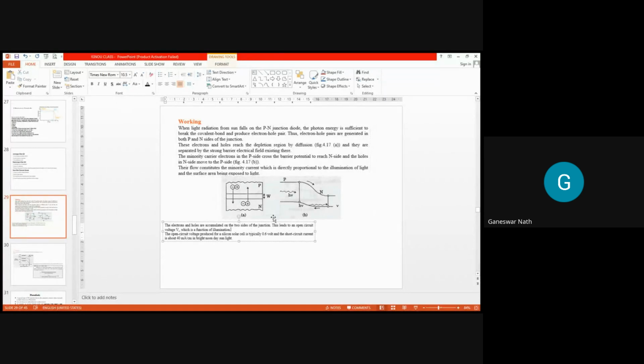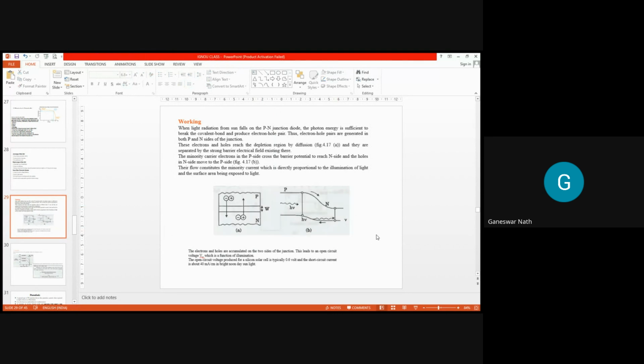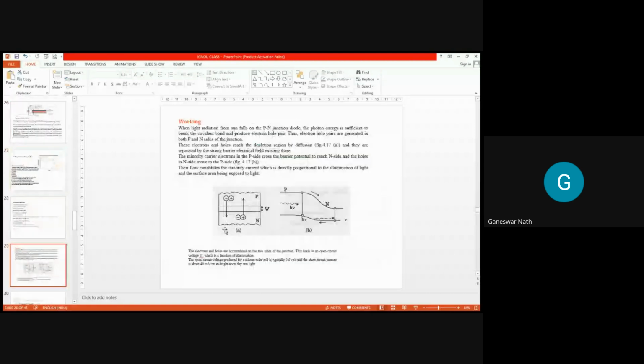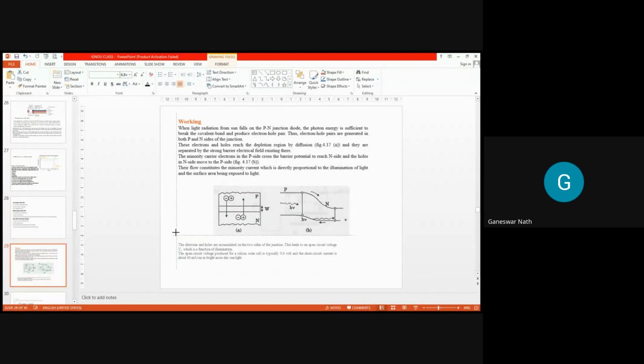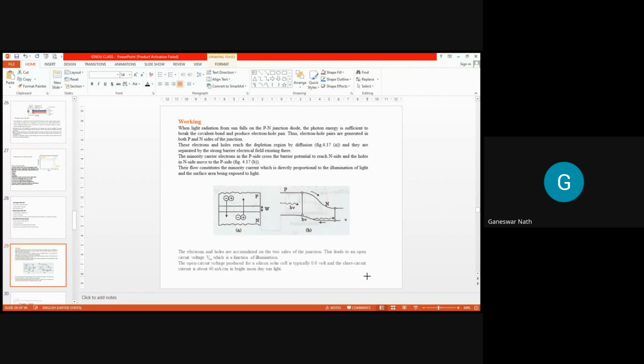You can see here. So as I have already told you, this solar cell. There is also, 1 minute.